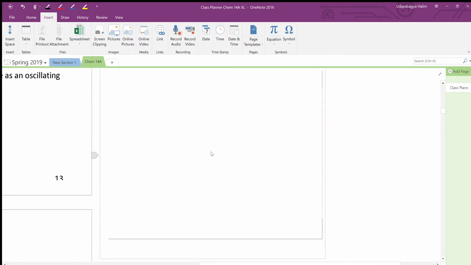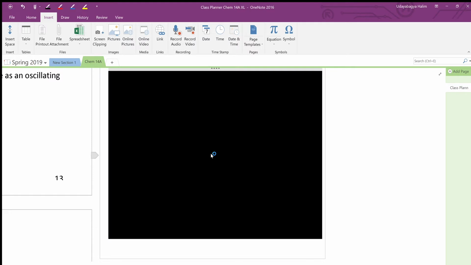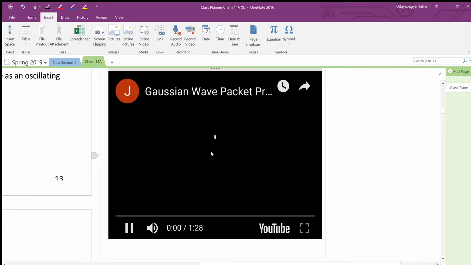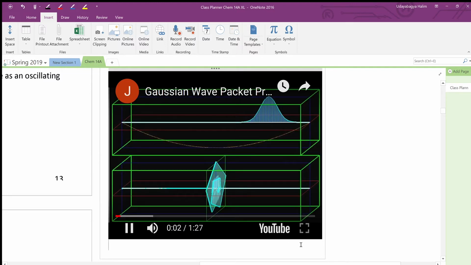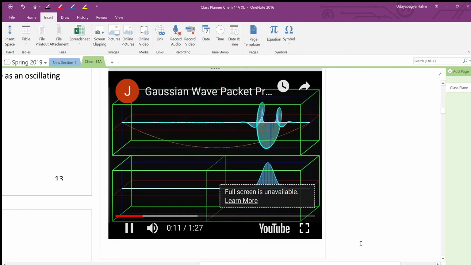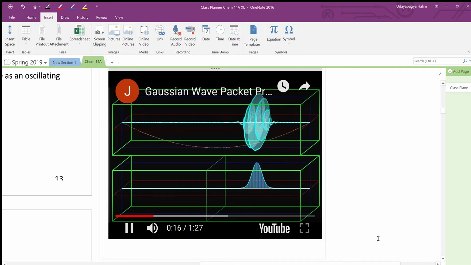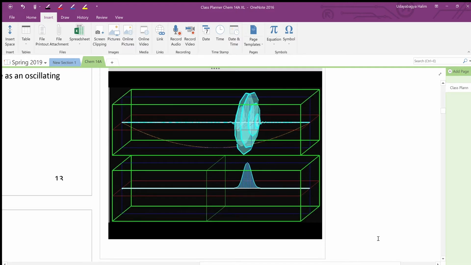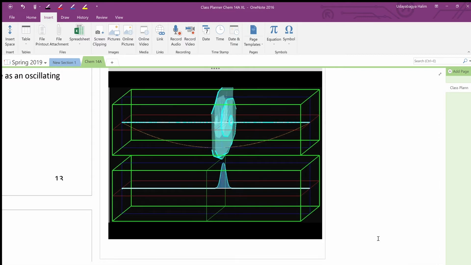Okay. So if you have an object moving through space, I want you to notice that this one gets faster, a little bit faster, and it spins faster.